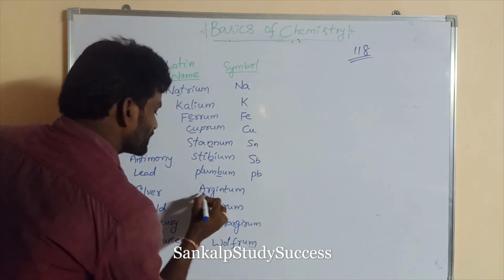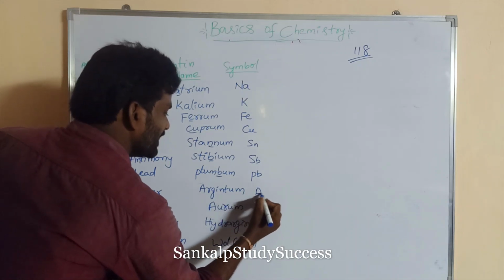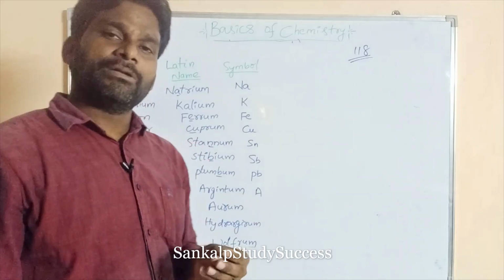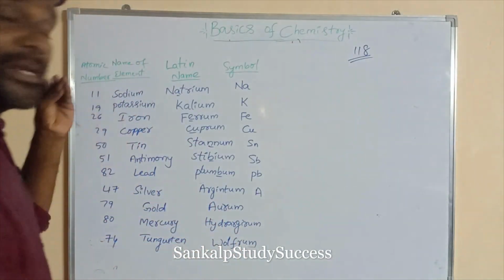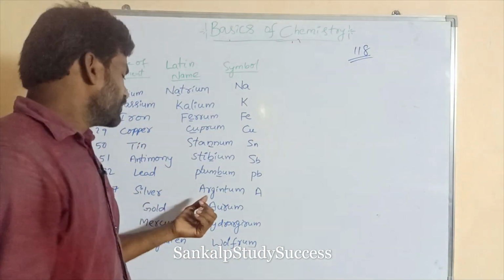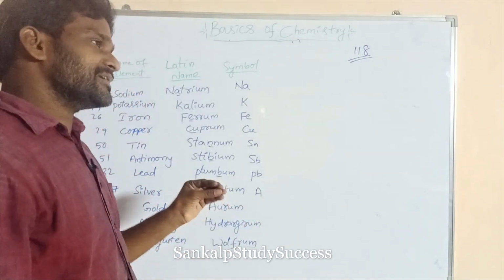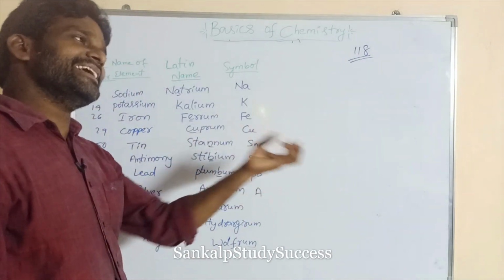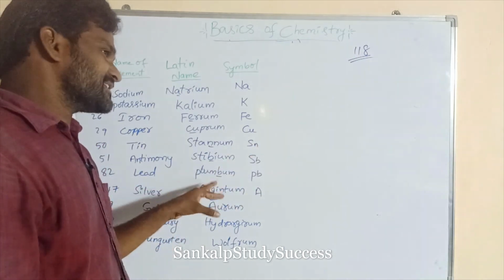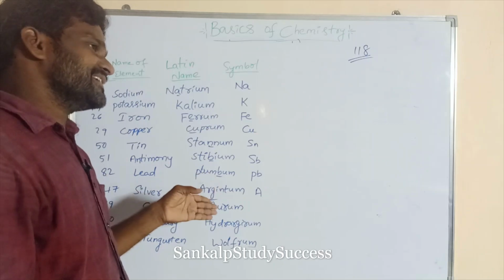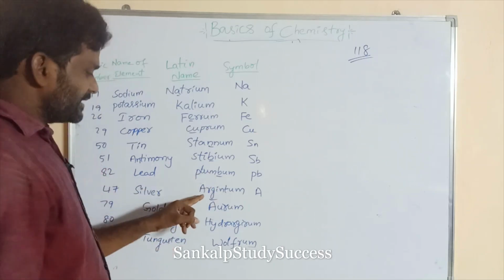What is the first letter? A. A is already given for argon. So here G is the stressing letter. If any element has G, that is the stressing letter, and that is added to the first letter, right?